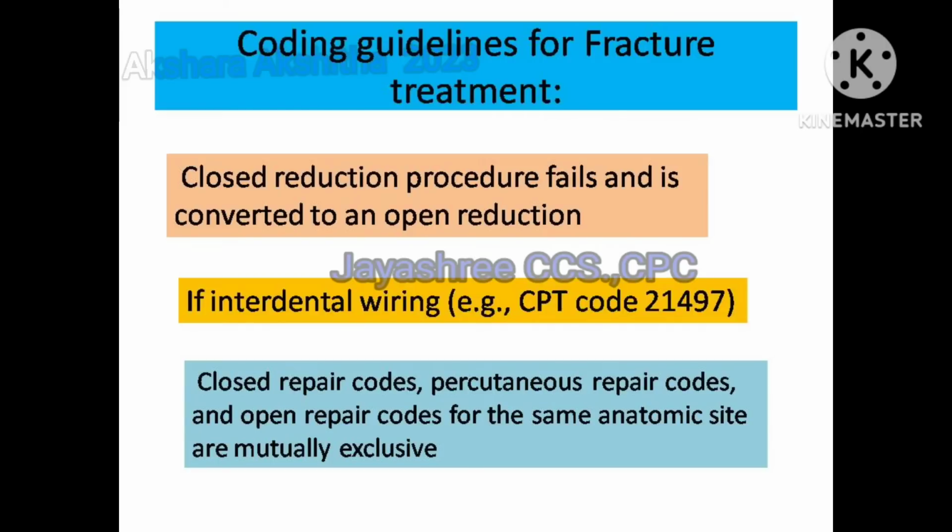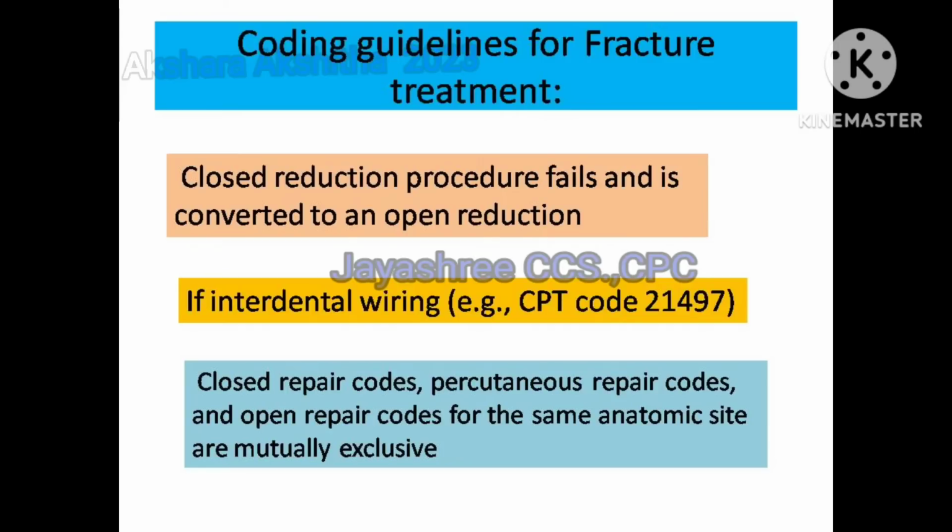Then, the interdental wiring CPT code is 21497. This procedure is necessary for treatment of facial or other head related fracture procedures, arthroplasty, facial reconstructive surgery, or other facial or head related procedures.